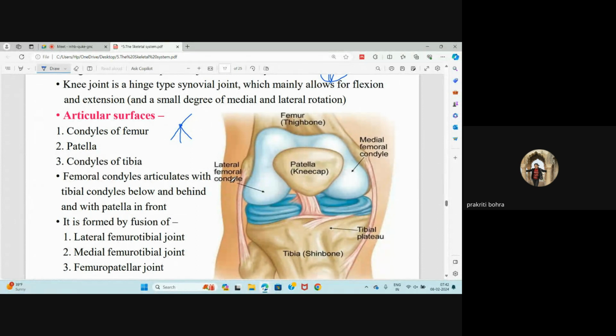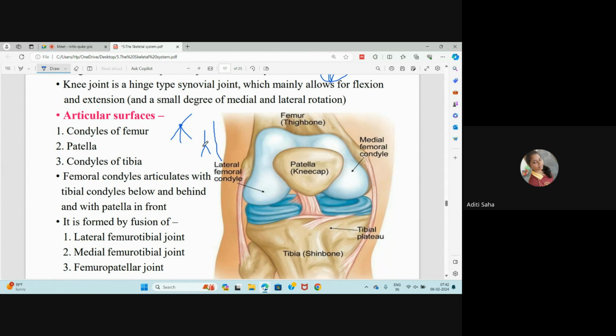Means if this is our upper leg and this is the knee, and from here, if this is lateral and this is medial. Okay, just assume this is the midline of the body.